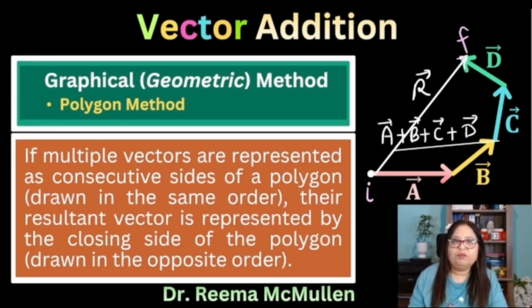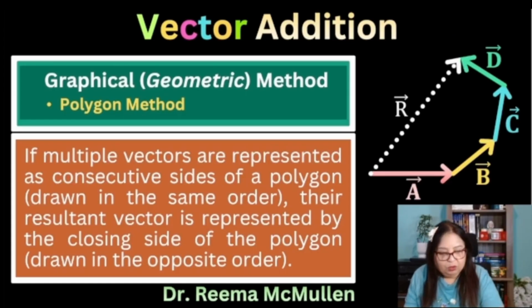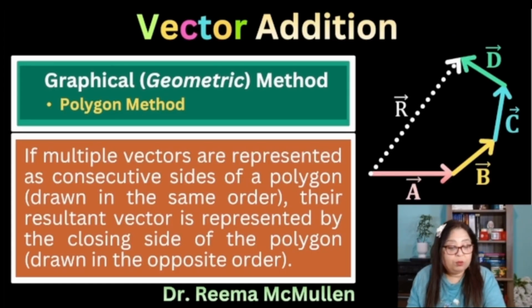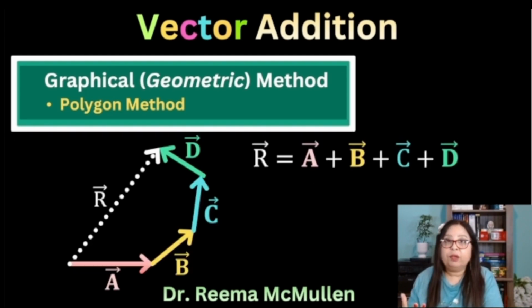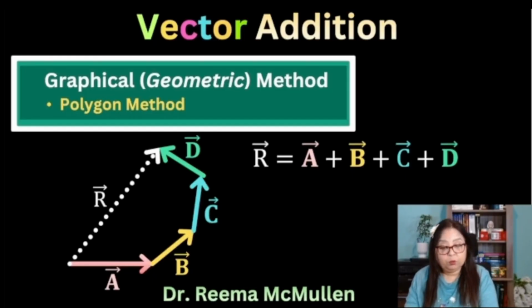See that? It's very simple. There's not much to grapple with here. So, here we go. Resultant vector R. Very well. Once again, a quick review. What we just did is the polygon method of vector addition, using which we can add more than 2 vectors.